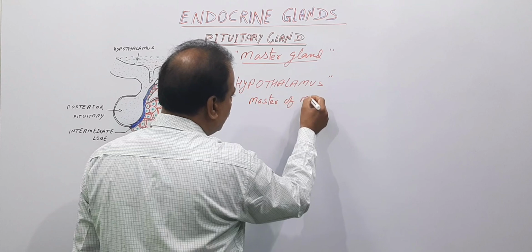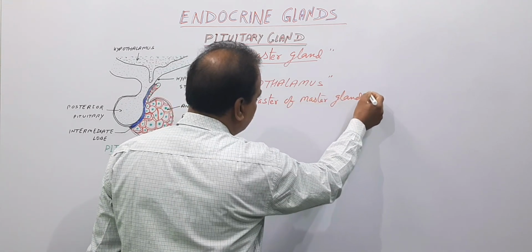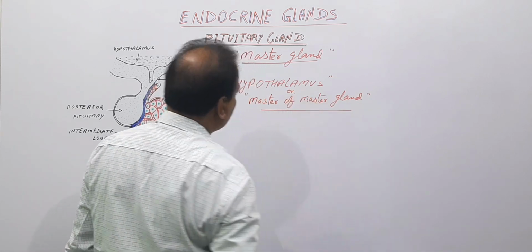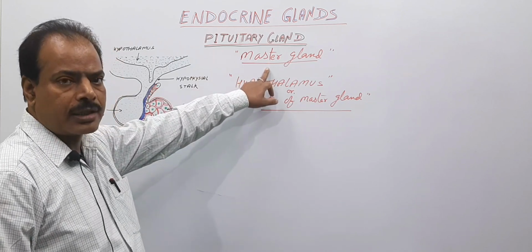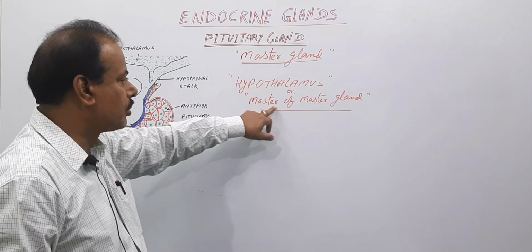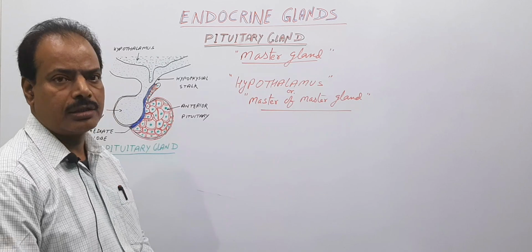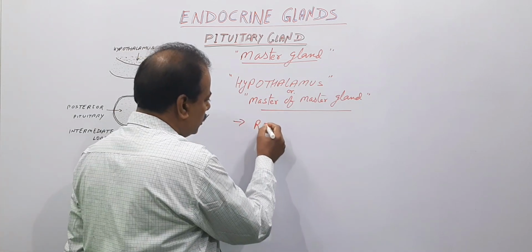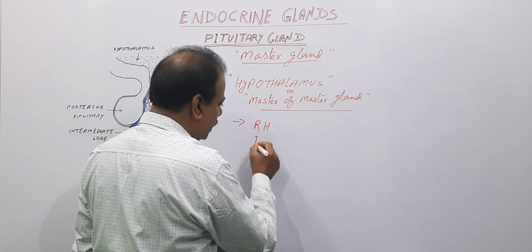So the pituitary gland is known as the master gland because it controls activities of other endocrine glands, and the hypothalamus is called the master of master gland because it controls activities of the pituitary gland by releasing RH or IH.